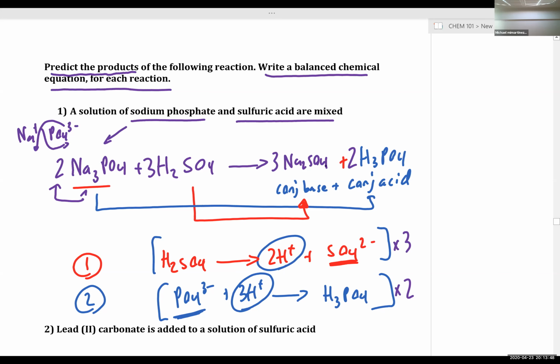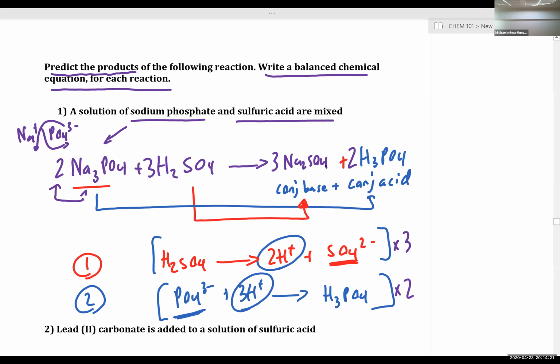So I call this the quote unquote half reaction method of balancing acid-base reactions. For each equation, you generate your conjugate base and conjugate acid, you count the number of protons, and then you balance the number of protons on each side. Does this method make sense? Does it look familiar to other methods that we've utilized in this class?